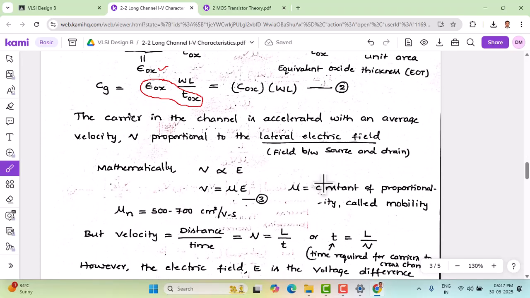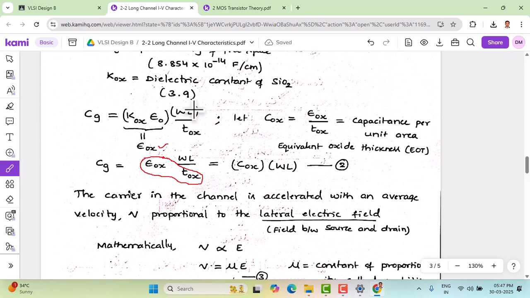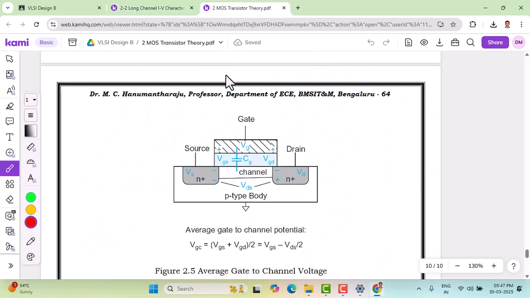This is the Cg equation that is considered the gate capacitance equation. Now let us move to the velocity calculations. Before that, I want to show you the diagram related to all these voltage and capacitor values. Here we have a detailed diagram that shows various voltages and the capacitance.